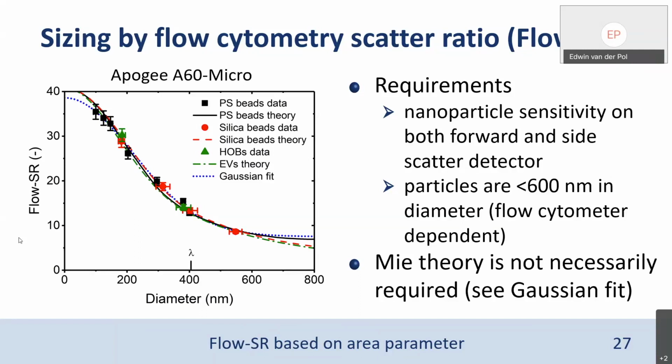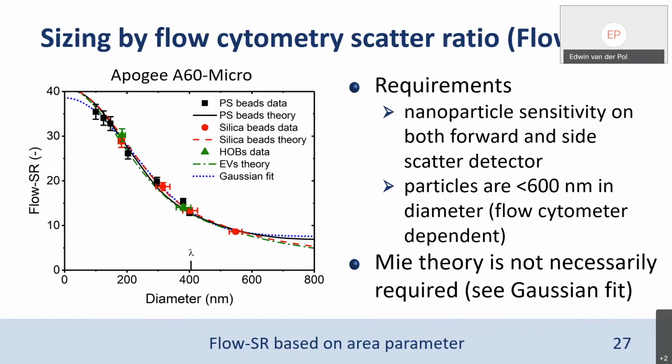So if you get a similar curve like this, you can start with fitting this curve with, for example, a Gauss, and check whether beads of a different refractive index also fall on top of this curve. Practically, we have tried this on 3 different flow cytometers, 2 Apogee instruments and an Influx, and that all worked.